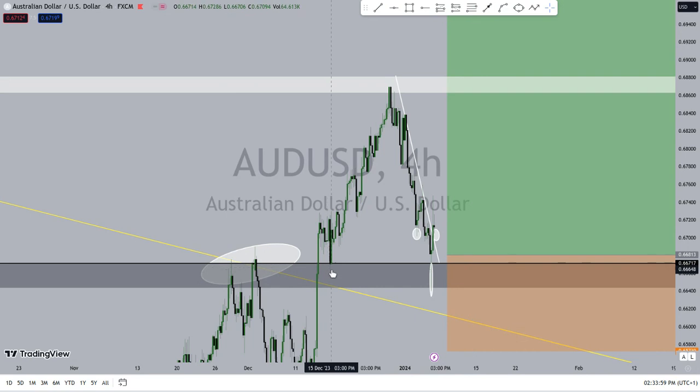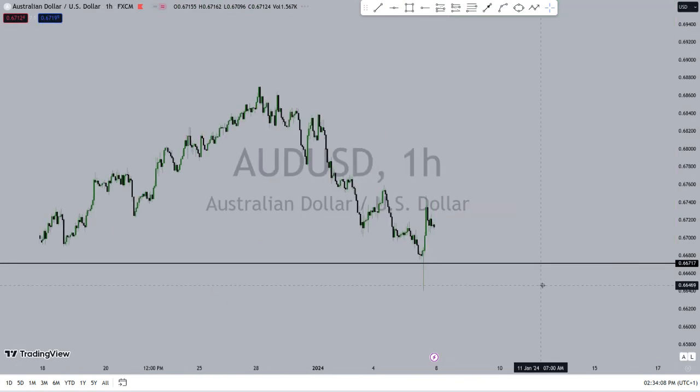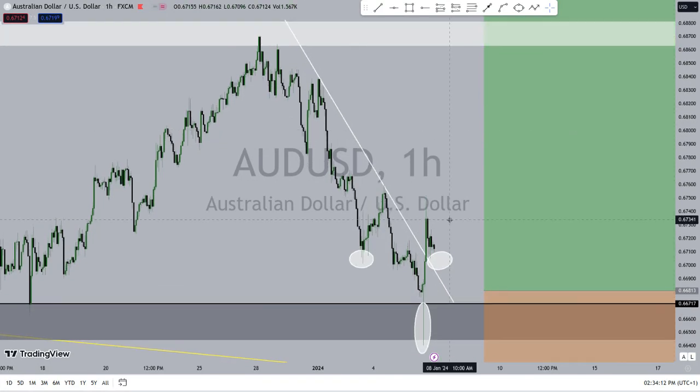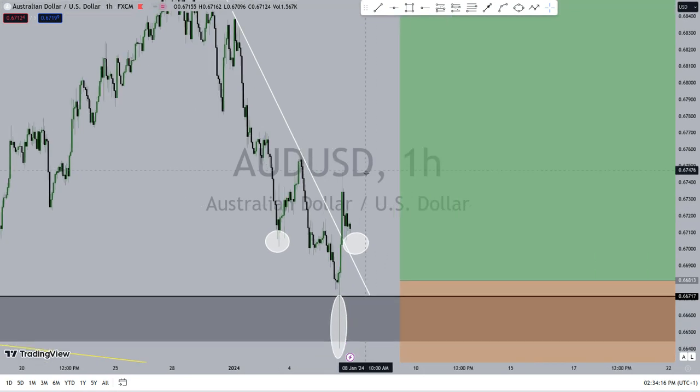This is the left leg, this is the right leg, double bottom formation, and then it's rejected. That is why we are 80 to 90% certain AED is going to rally up to the upside.